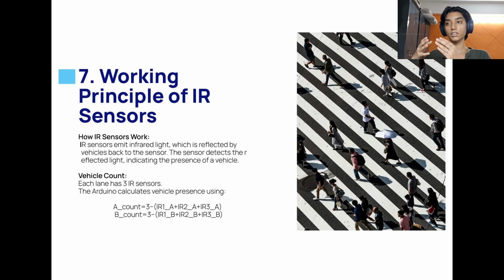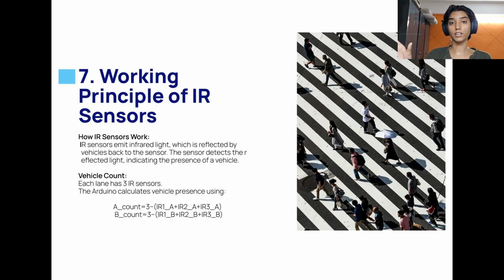I have these six IR sensors, and three are used for one particular lane and three are used for the other lane. It calculates the sum of all three IR sensors. If all three values are true, it means there seems to be traffic at the very far end of the road.